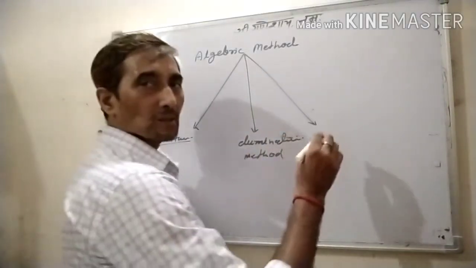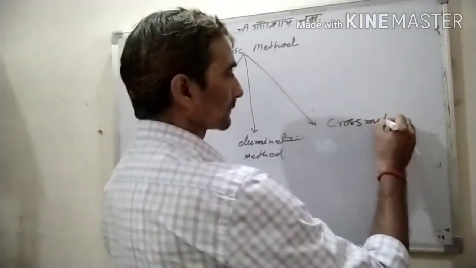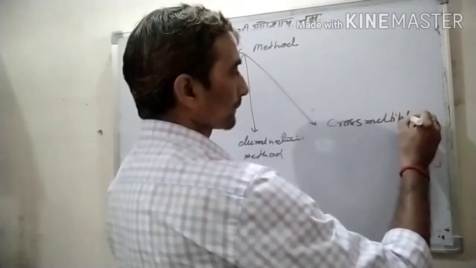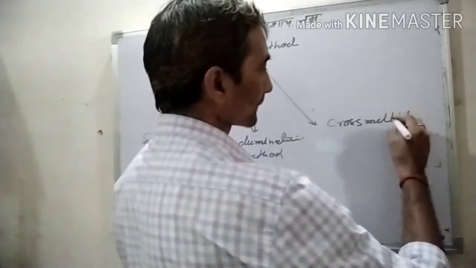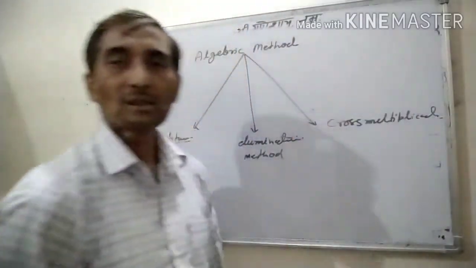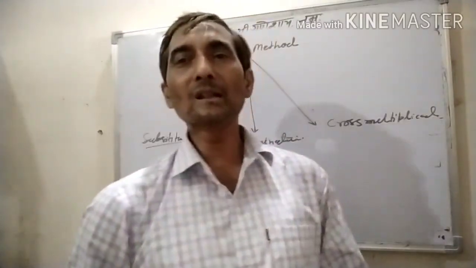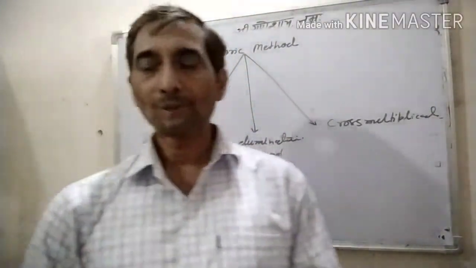Third is the cross multiplication method. These are the 3 methods to solve the linear equation in the algebraic system. Now come to the first method, the substitution method.